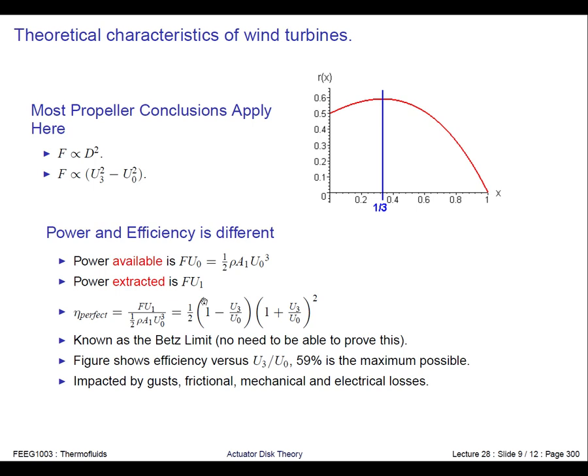The amount available is effectively the force multiplied by the free stream velocity, the kinetic energy per unit time that the turbine is exposed to. That's F U0. So you end up with an equation that looks like this, which you can manipulate to end up looking a bit like this.